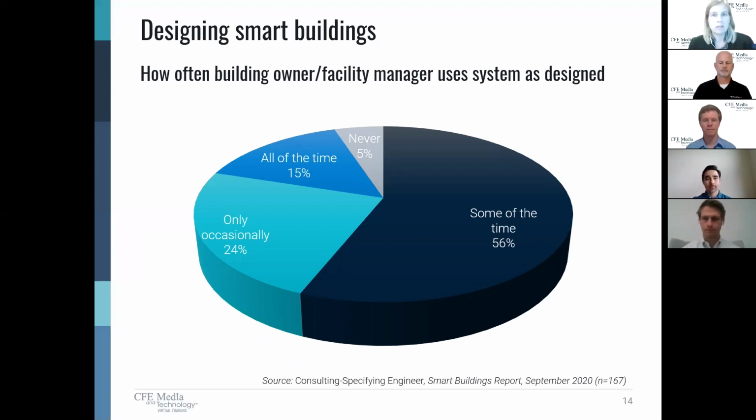So the designs, the systems, the products that are being placed into these buildings are not being used as they were originally designed. Some of the time turned out to be 56%, which is pretty good. But what does that mean? Does that mean that the building owners or facility managers are overwhelmed? Does that mean they don't understand the data? I know, Owen, you had some feedback on different types of products and services that you wanted to share here.